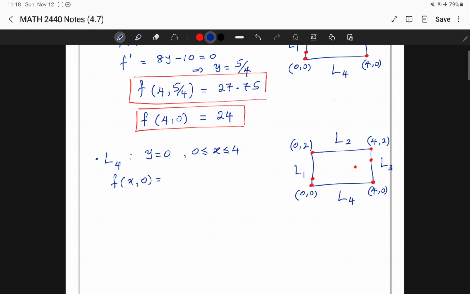Plug y equals 0 into the function and we should get x squared minus 4x plus 24. To find the critical points, you find the derivative, make it equal to 0, get x equals 2. So the critical point is (2, 0). In the picture it is here in the middle. The function value at (2, 0), you plug it in and you get 20.